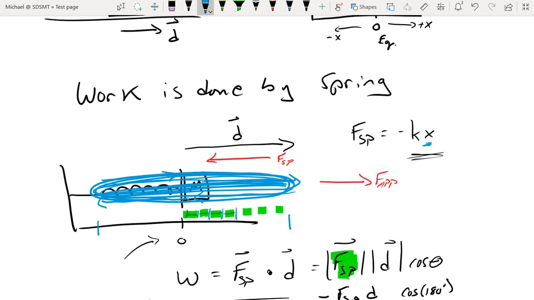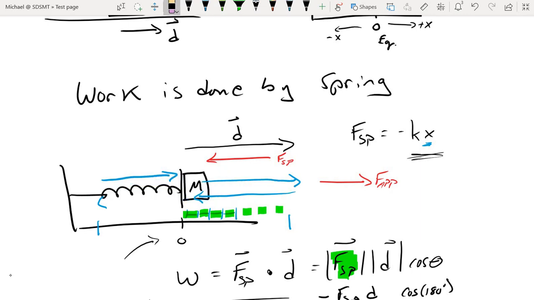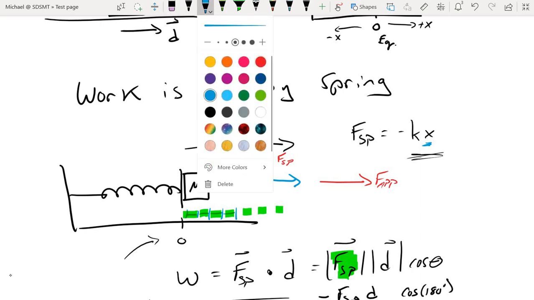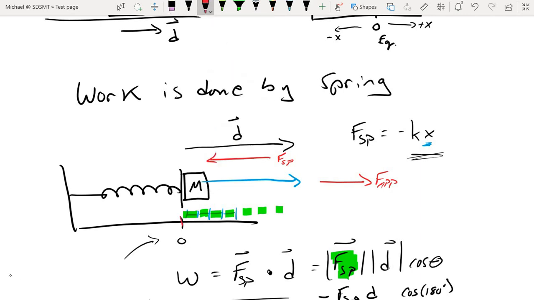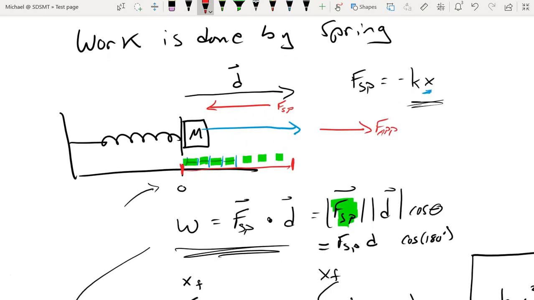We don't know what those are just yet, but let's go back to the original idea behind this discussion, which was that we were going to take our spring from the equilibrium position and go out to a distance of d. So how much work will the spring do in taking us from 0 to d?